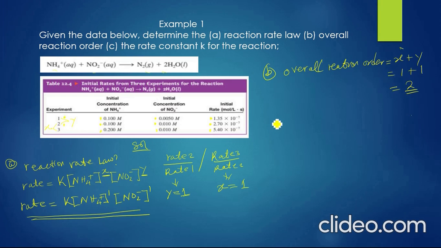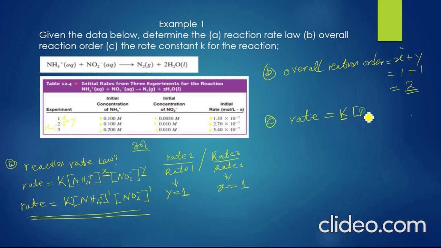Okay, and then let's solve for C. How can we determine the rate constant K for the reaction? So the rate constant K, for us to determine it, we are going to use this same rate law we have found here. So our rate, that will be the formula that we're going to use for us to determine the rate constant K, this one they want.